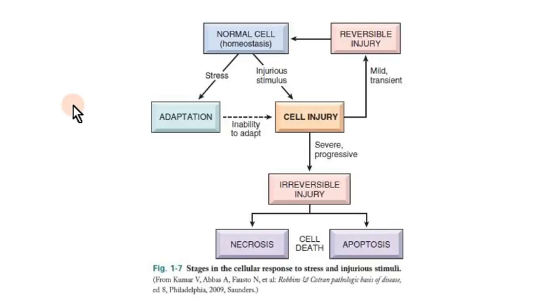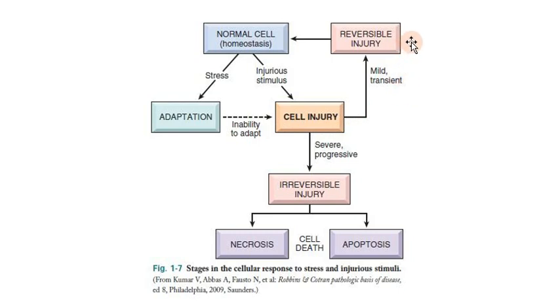So we have here an illustration about cell injury and necrosis. So for example, we have here a normal cell, and once that cell is exposed to a certain stress, pwede siya mag-adapt. However, if the stress is very strong and injurious na, so pwede magkakaroon ng cell injury na yun. So, if ma-stop yung injurious stimulus, pwede na siya babalik dito.